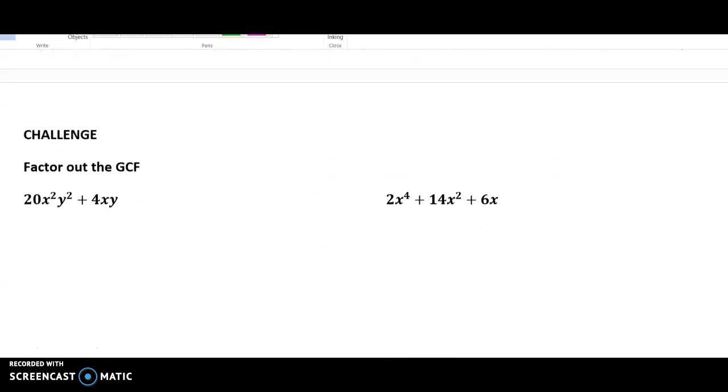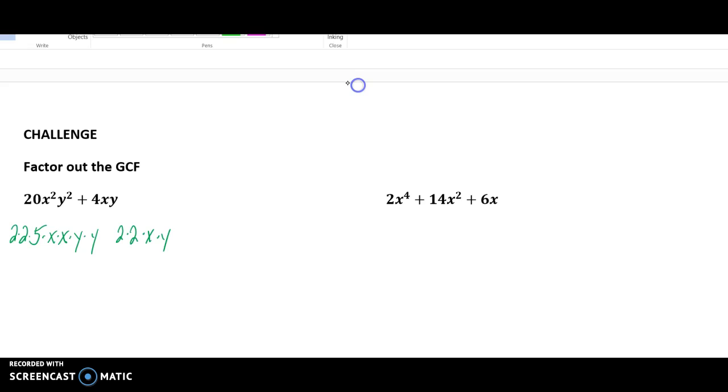Okay, and then the last two challenge problems, the factors for 20x squared y squared will be 2 times 2 times 5 times x for the x squared times y times y. For the second term, xy, we have 2 times 2 times x times y.